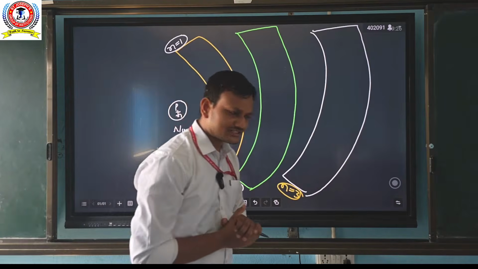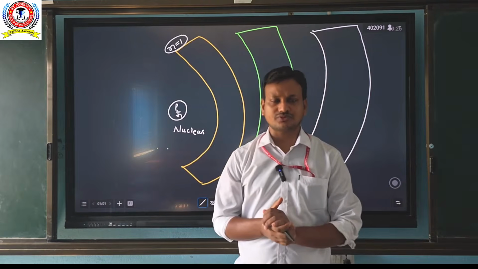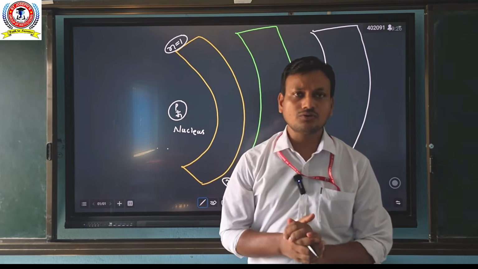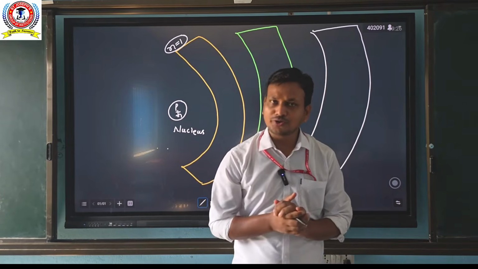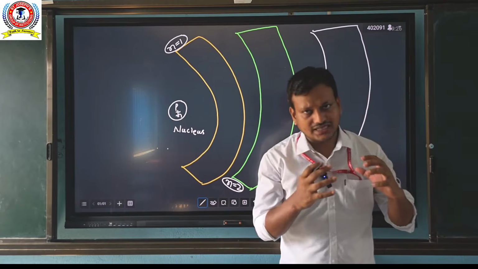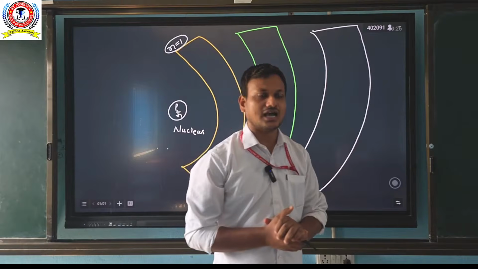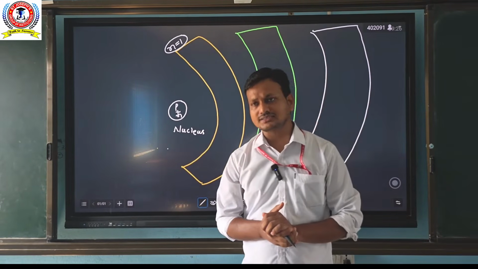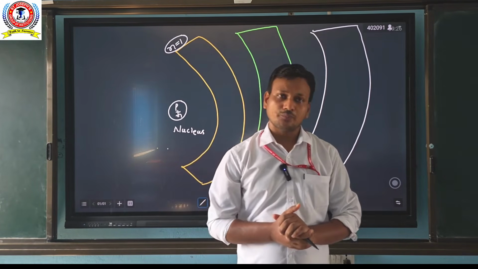And also, students, we know that in the first cell one subcell is present, and this subcell is your S subcell, and the value of L for S subcell is equal to 0. And for the second cell, two subcells are present, one is S subcell and another one is P subcell.